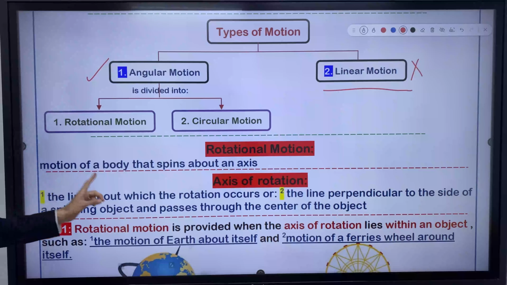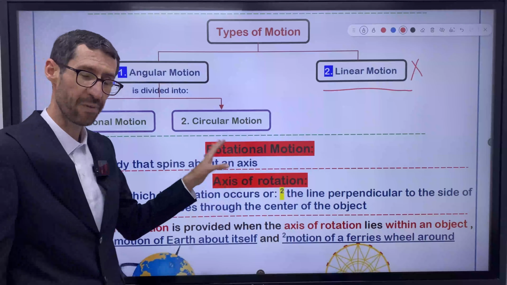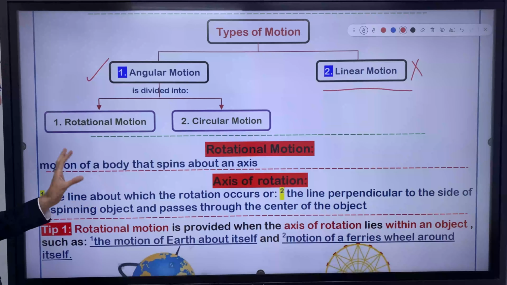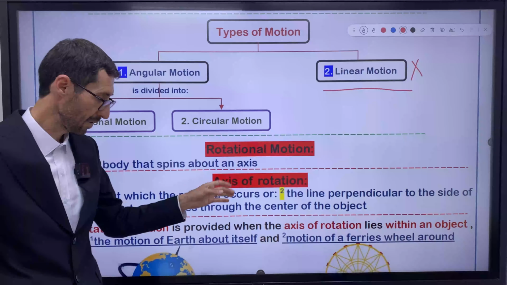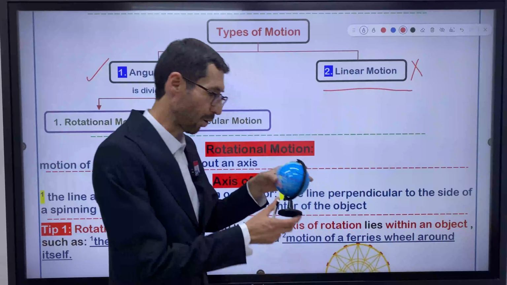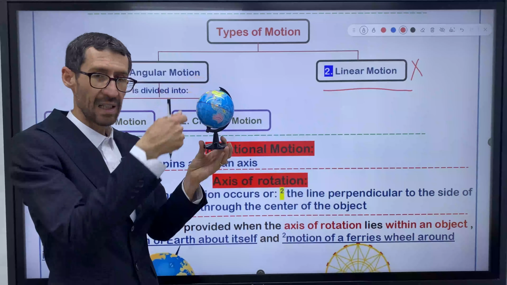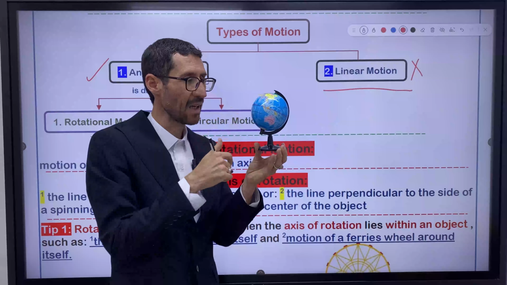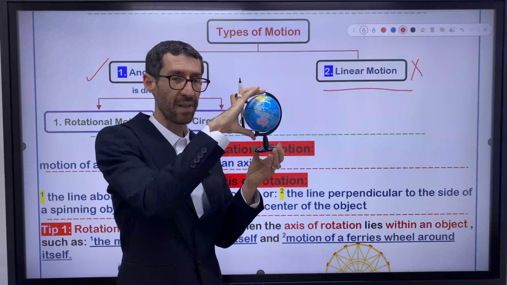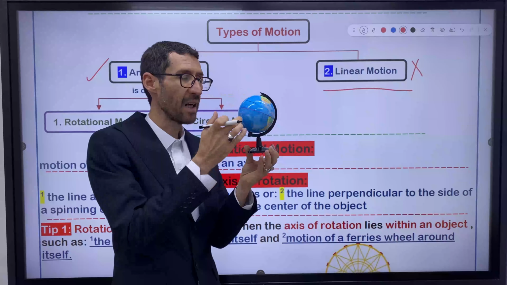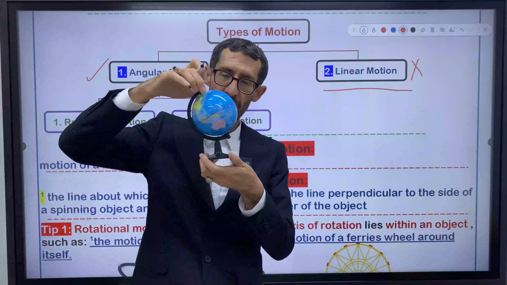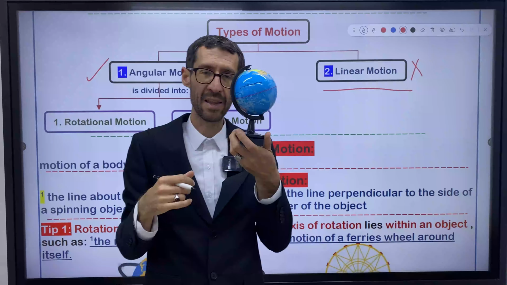Number one, the line about which the rotation occurs. Simply, we can say it's a straight line about which the rotation occurs. For example, the Earth globe. There's an imaginary straight line that connects the two poles of Earth, and Earth rotates about this axis.